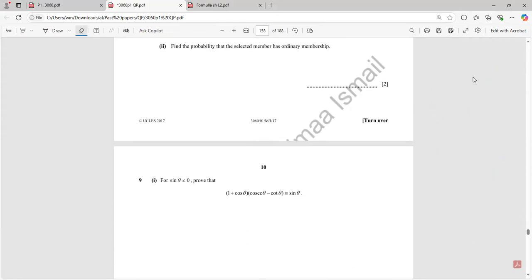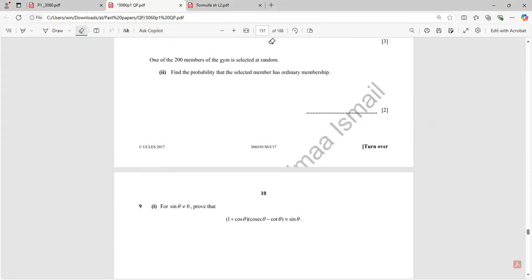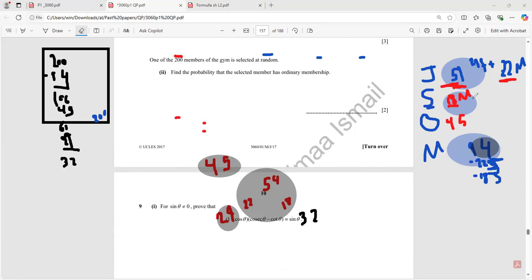Here he asked for the probability that one of the 200 members selected at random has ordinary membership. Remember this word ordinary we have been saying, like for the female.